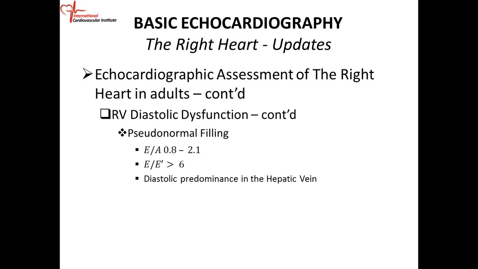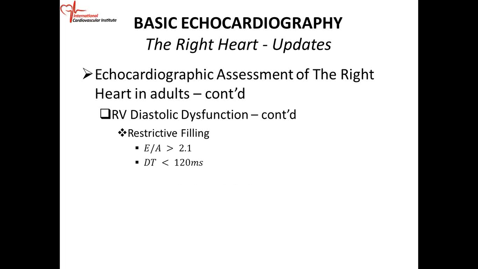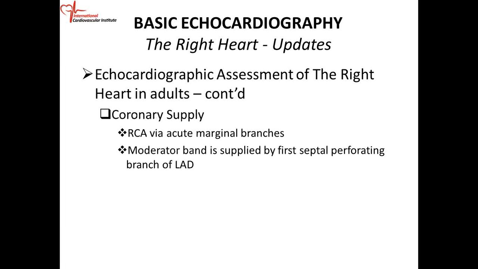And remember, when you do the Doppler in the hepatic vein, you have a systolic component, a diastolic component, and an atrial reversal. Diastolic predominance just means that the diastolic component is greater than the systolic component. So that's diastolic dysfunction in the RV.